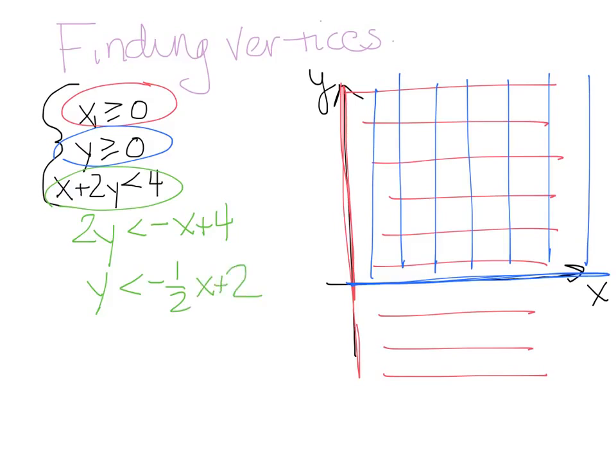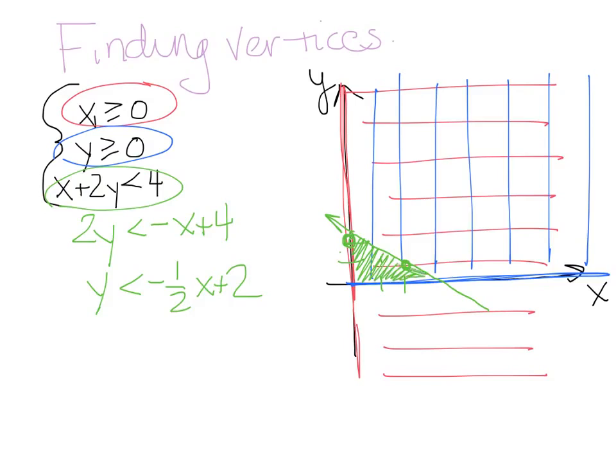Let me go ahead and put that as an equal sign as the boundary line, starting at 2, and then go down 1 over 2, down 1 over 2. Oops, doesn't have to go any further than that. So that's the boundary line. And I'm not even going to bother really going past the first quadrant. I know I want to be less than, so that's going to be this way.